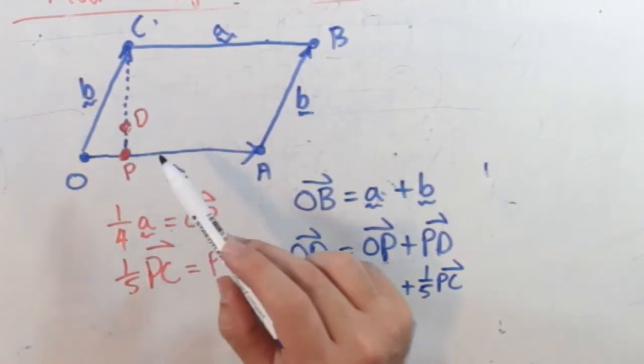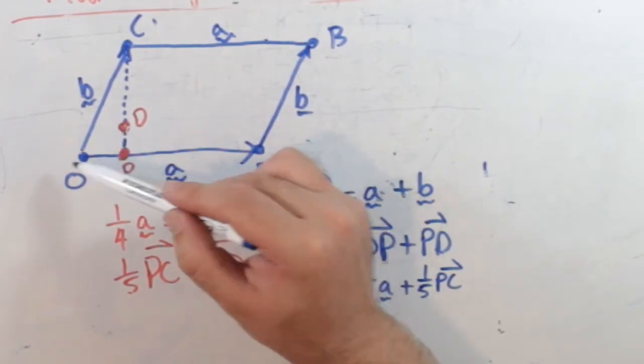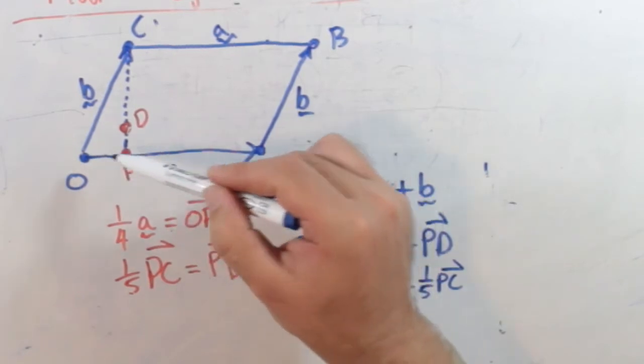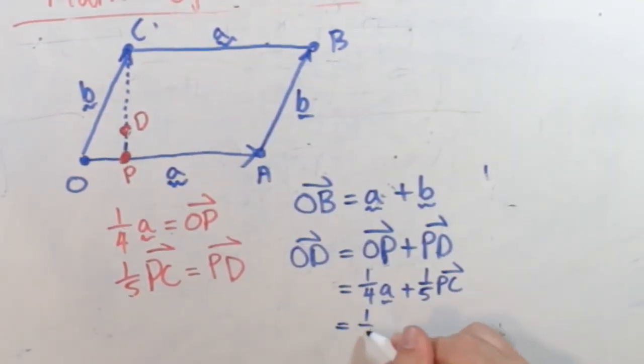So how do we get from P to C? In terms of a and b, we go back a quarter of the way along OA, and then up b.